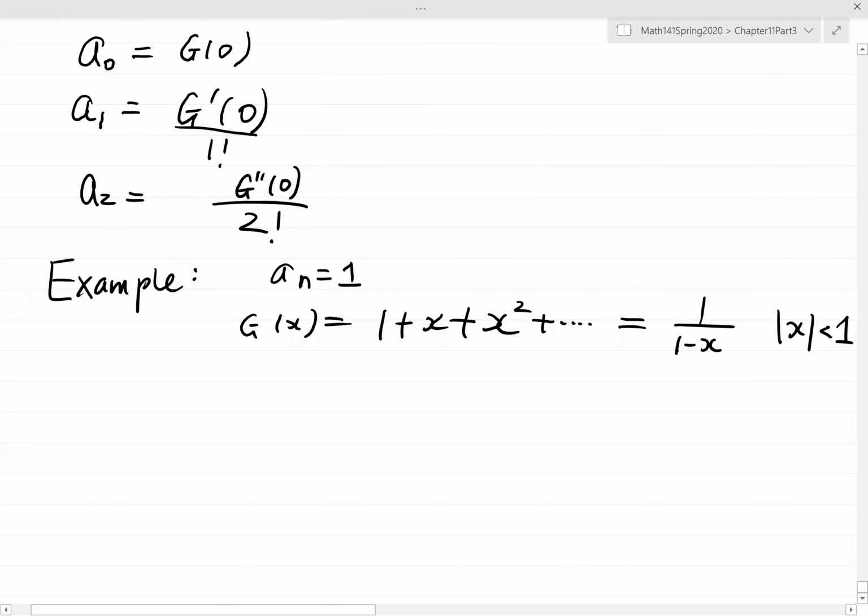Okay. Now, another example. a_n is n plus 1.